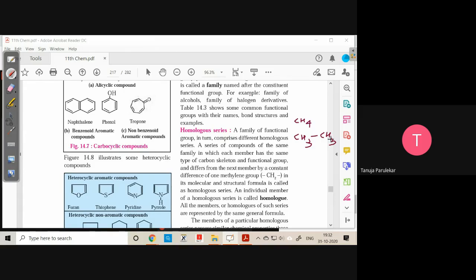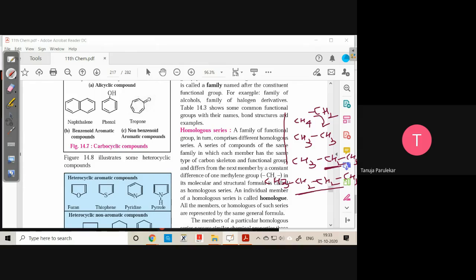If you calculate CH3, if I add this, you will understand that I have added another CH2 group into it. Next you can see that propane, CH3, CH2, and further CH3. Here you can see that I'm adding CH2. Another CH3, next one, CH2, CH2, and CH3. So every time you can see that I'm adding.